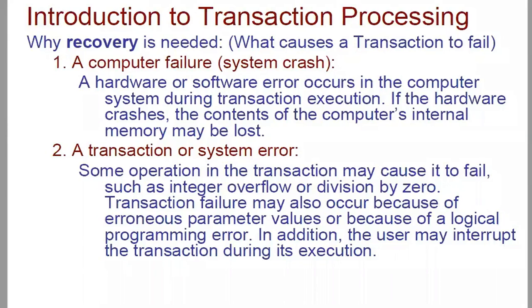The second reason we need recovery is a transaction or system error. When a transaction is happening, a system error or software error might occur. Bank software is used in the bank as well as in the ATM, internet banking, and mobile banking.